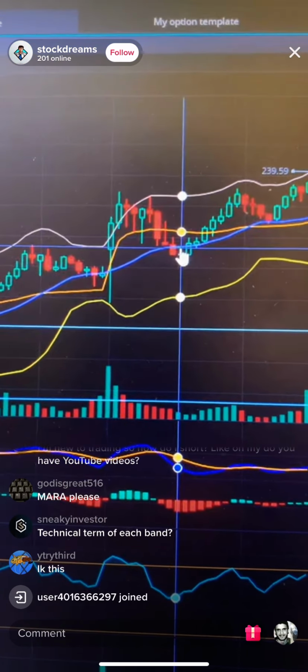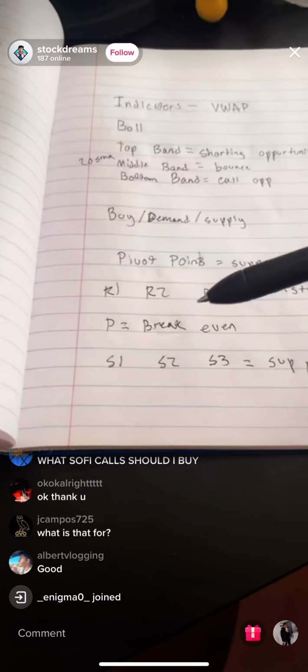Then you have your P, which equals break even. And then you have your S1, S2, and S3, which are your supports. Let me know when everyone has that written down. Consolidation and break even, same thing.